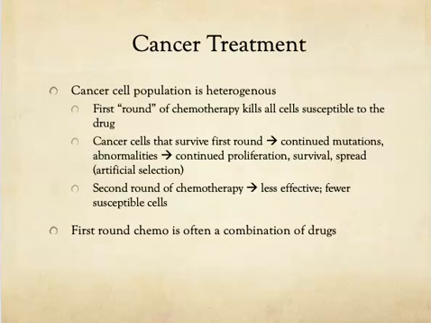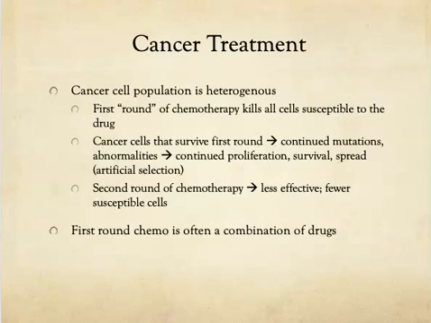The problem with that idea that you first treat with a single drug is that some of those cancer cells will survive that first round, because they're resistant to that drug. And they're going to go on to gain more mutations and more abnormal traits. They're going to continue to grow and survive and spread. And you're going to end up with essentially a case of artificial selection.